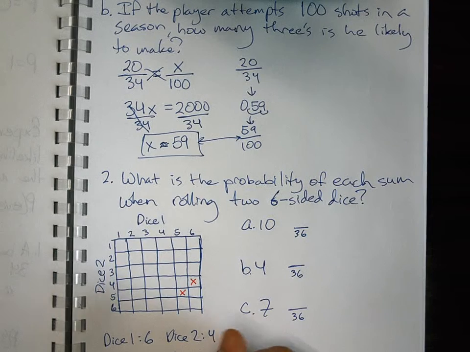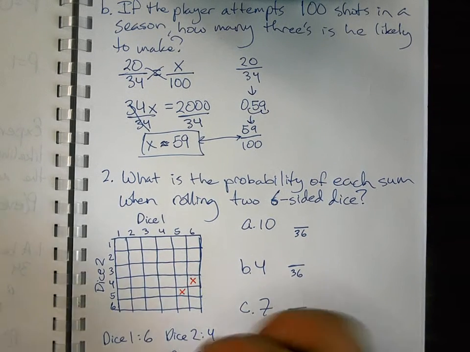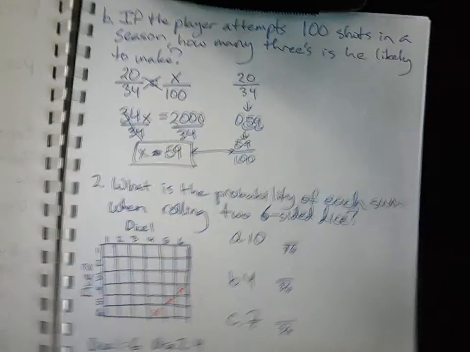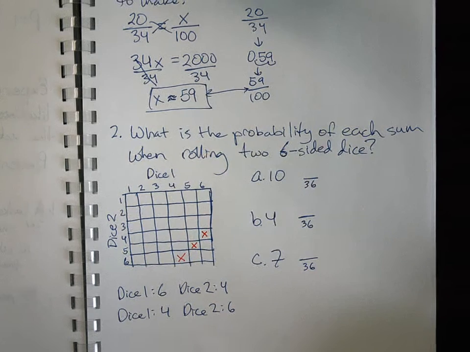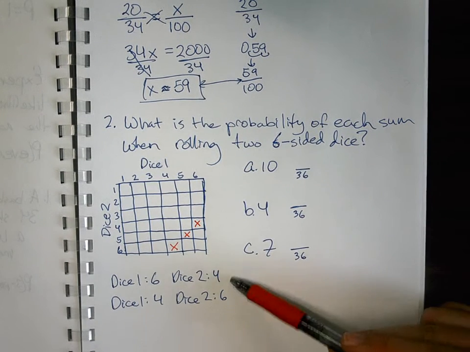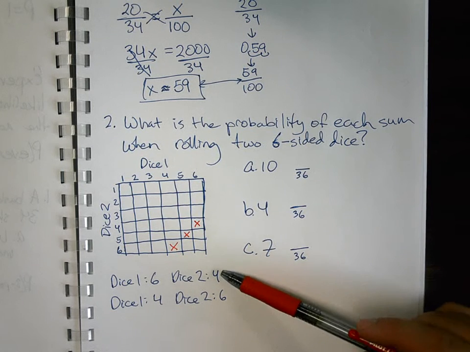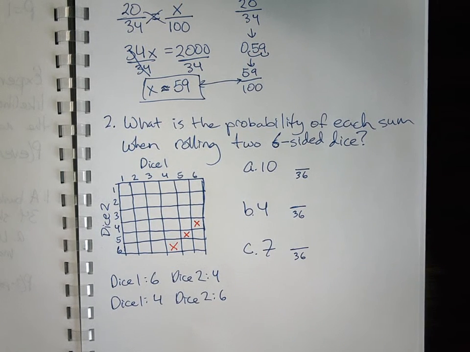So I can mark that box. These are two separate outcomes. One outcome is that I have 6 on dice 1 and 4 on dice 2. The other is that I have 4 on dice 1 and 6 on dice 2. So make sure that you take that into account.